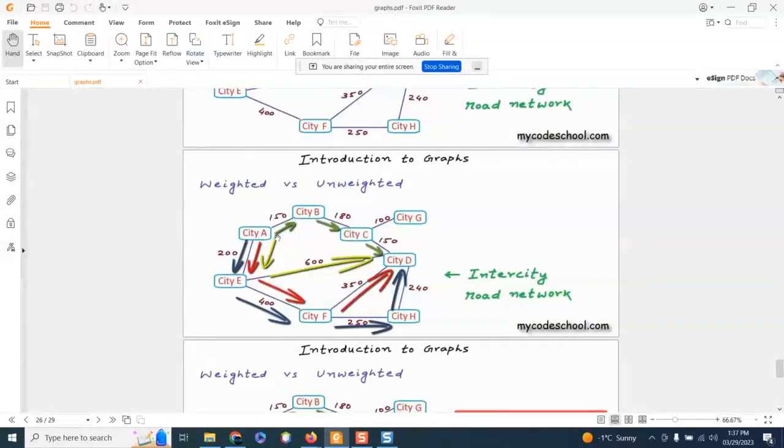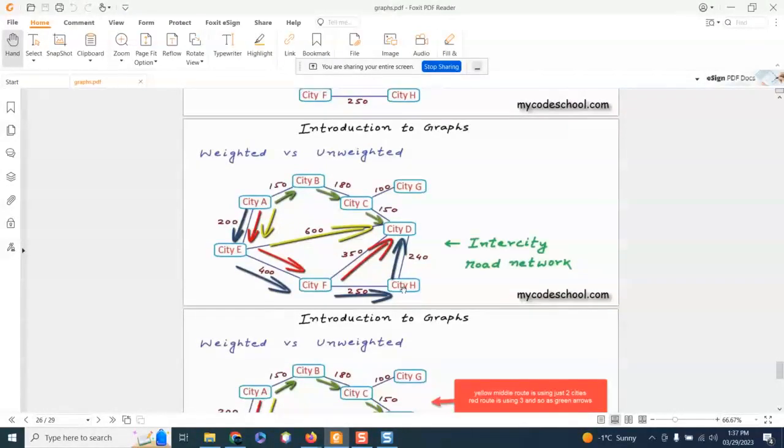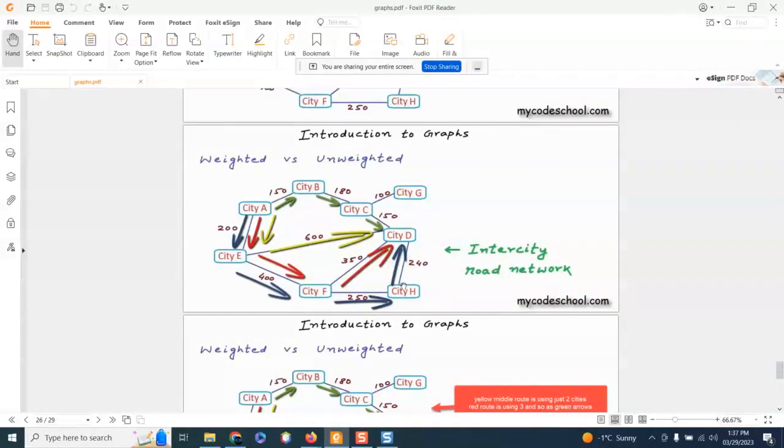It's not, it's highly unlikely. If you sum up 150 plus 180 plus 150, I don't know how much it is, maybe I will see in the next slide, I'm not killing my eyes calculating this. It looks like the shortest path, but it is highly unlikely.